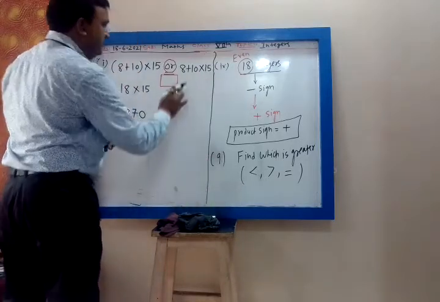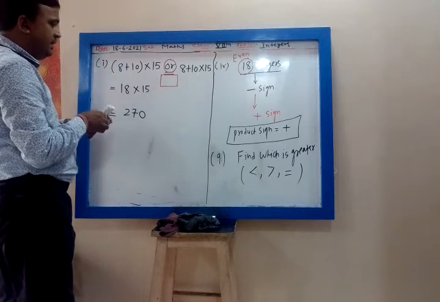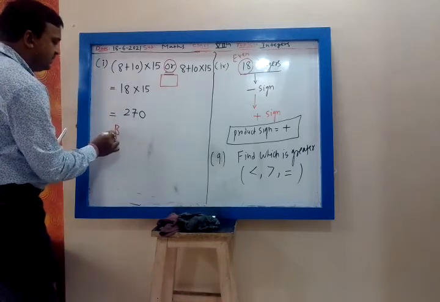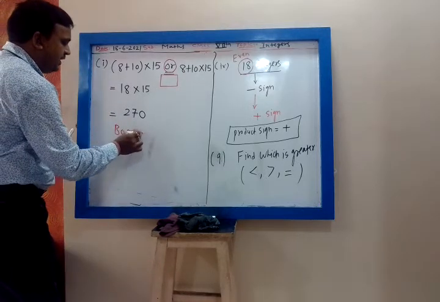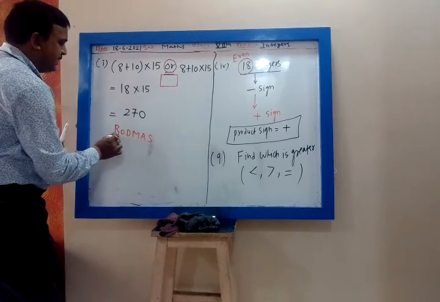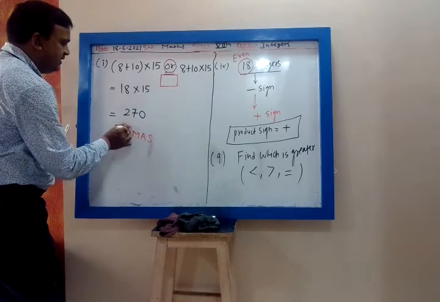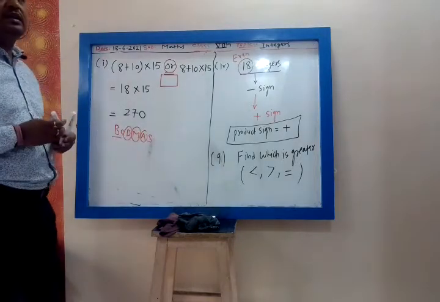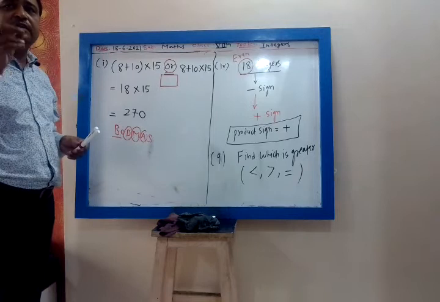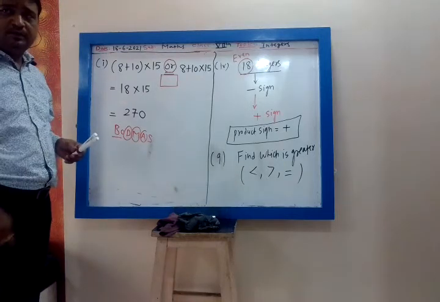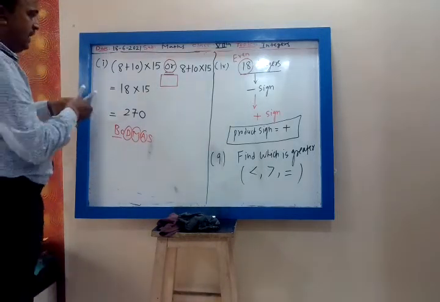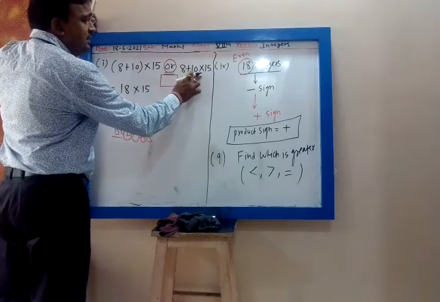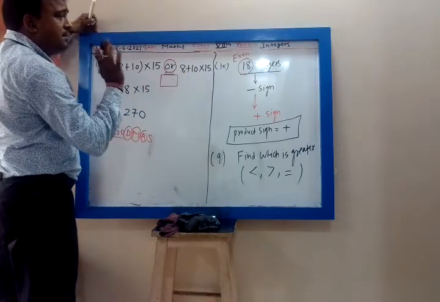Now see, yesterday I had given you BODMAS. First you have to open the bracket, then division, then multiplication, then addition, then subtraction. So whenever multiplication and addition are there, first you have to perform multiplication, not addition, remember.